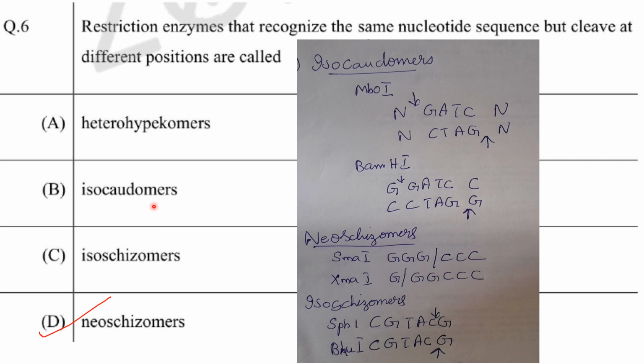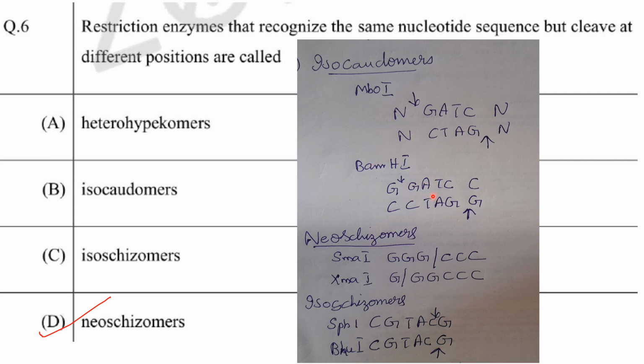What are isocaudomers? Isocaudomers are pairs of restriction enzymes that have slightly different recognition sequences but on cleavage they generate the same termini. So MboI and BamHI. Here N can be any nucleotide. GATC.